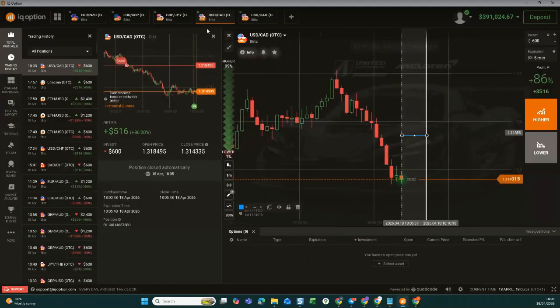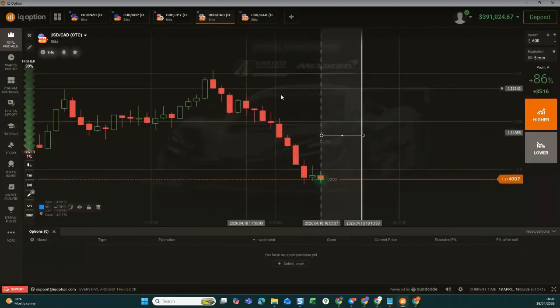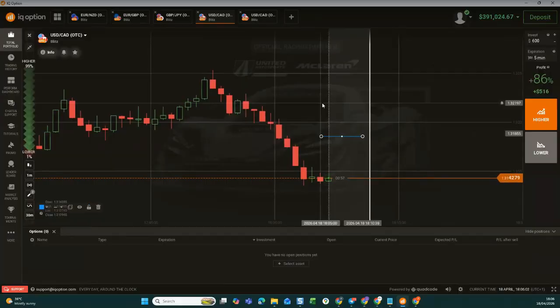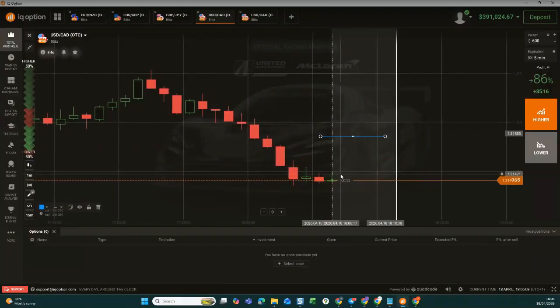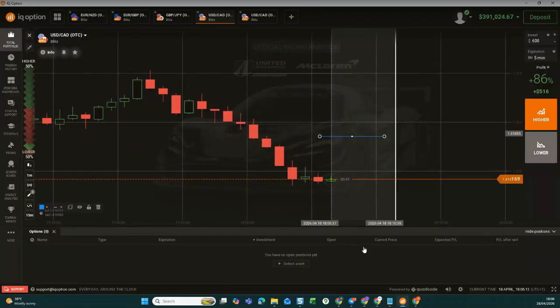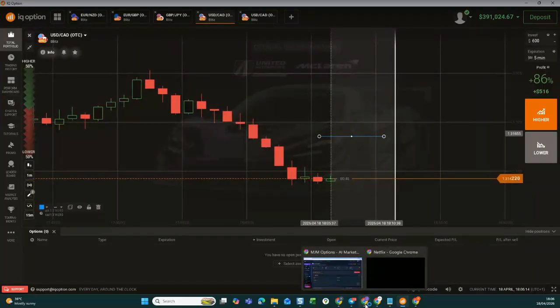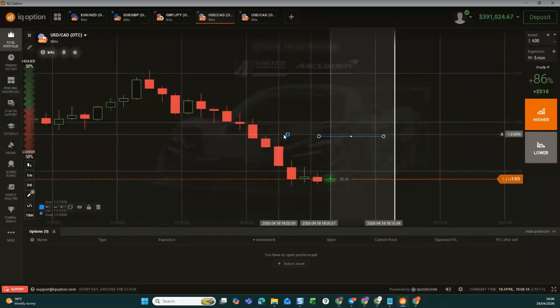So now let's go to the last one. That's basically how options work. It doesn't have anything else. It is very simple, one of the easiest ways you can use to make money in trading. Forex can still take time, but this you can do as fast as anything.